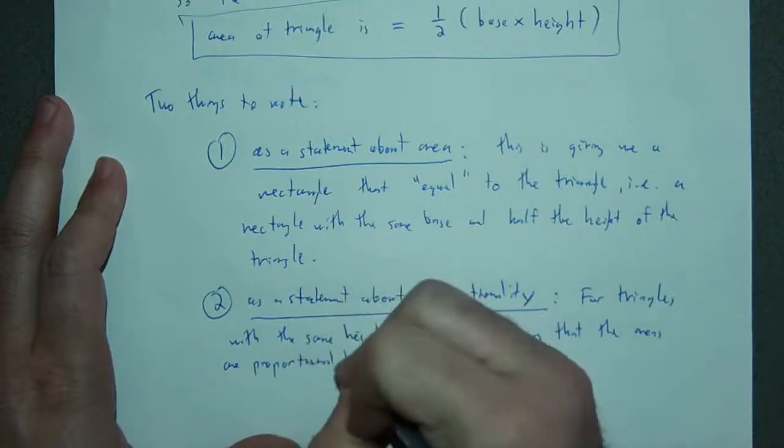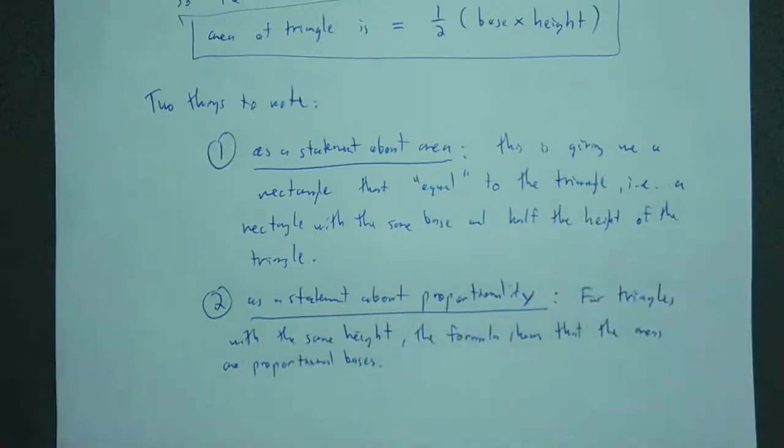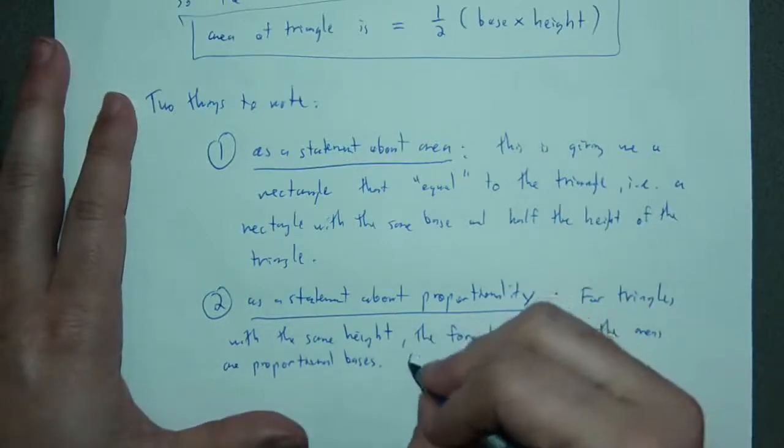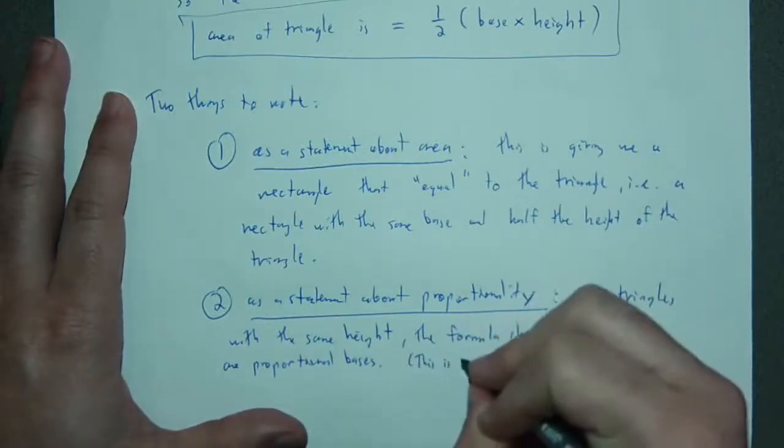Now, that might seem like a trivial distinction to make from this very simple expression, but if you fix the same height for triangles, then the area of the triangle is proportional to the base, right? So this is important for proving the Thales theorem.